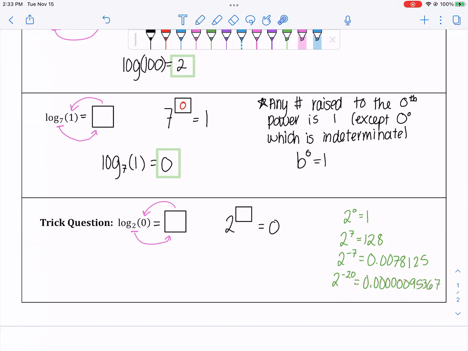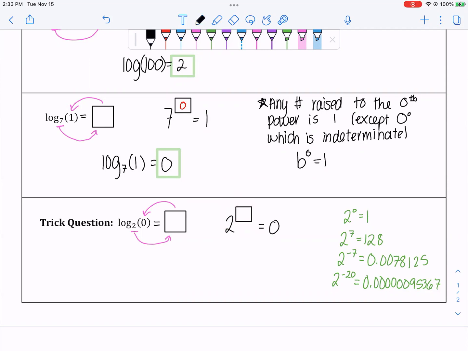These are getting very close to 0. And you might be able to put in a big enough number that your calculator essentially thinks the answer is 0. For example, if I put 2 to the negative 1,000 into my calculator, it says 0, but it's not actually 0. It thinks it's 0 because it's so small. There is no number that you can raise 2 to in order to make it 0.